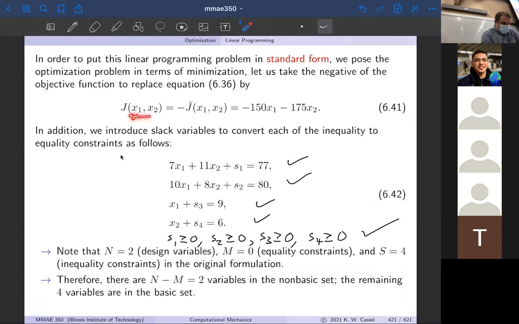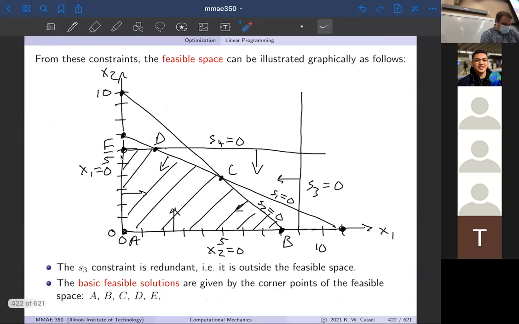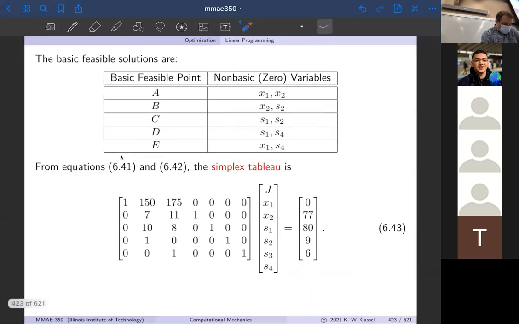And I'm just going to write down each of these equations in this matrix form. So the first equation says that 1 times J plus 150 times X1 plus 175 times X2. And remember that you always have 0 coefficients for the slack variables in the objective function. So it's just 0, 0, 0, 0. And that's equal to 0.